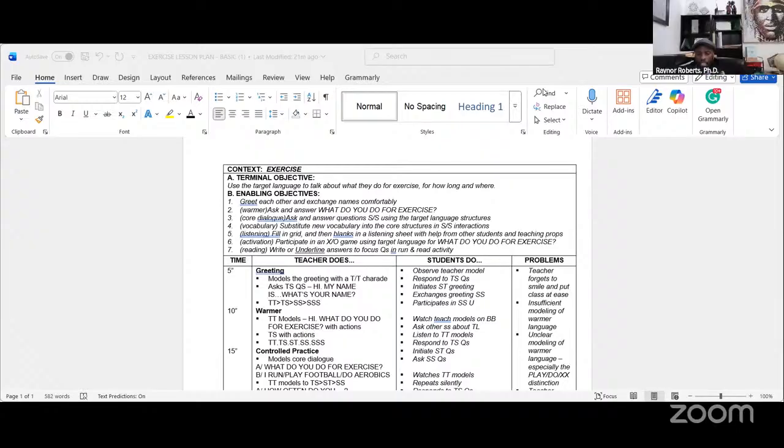The second one, M, measurable, is you should be able to see the learners actually doing that specific thing. You should be able to see it. You're not allowed to use words such as understand or know. You don't use subjective words or abstract words like know and understand.